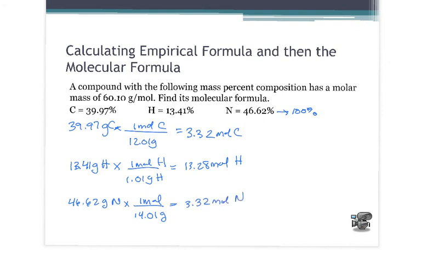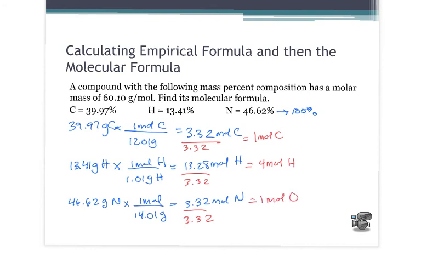But we want to do the simplest whole number ratio, so we divide by the smallest number. And we end up with 1 mole of carbon, or 4 moles of hydrogen, and 1 mole of oxygen.